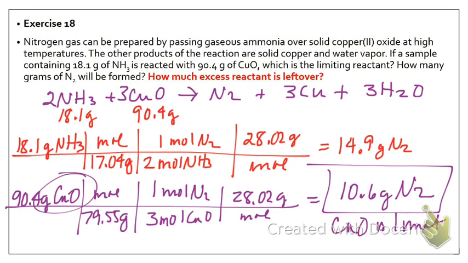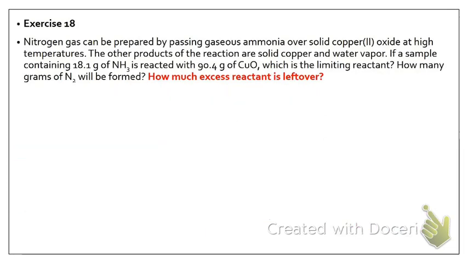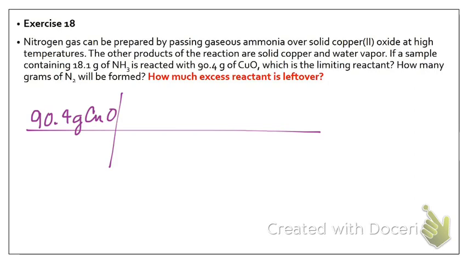Okay? All right, so in order to calculate excess reactant, I'm going to erase this because I have no more room. So say goodbye. So we're going to start with that 90.4 grams of CuO, and we're going to now calculate in terms of the other reactant. So the other reactant is the NH3. So we're going to say 79.55, 1 mole, and then that is a 3:2 ratio.